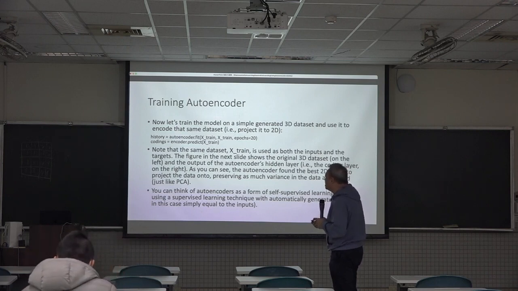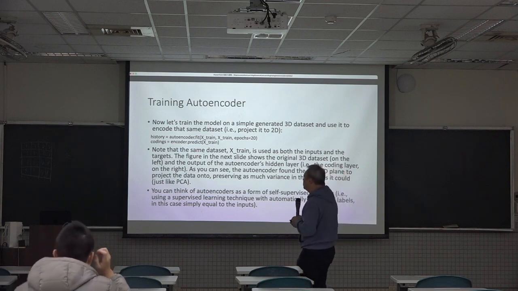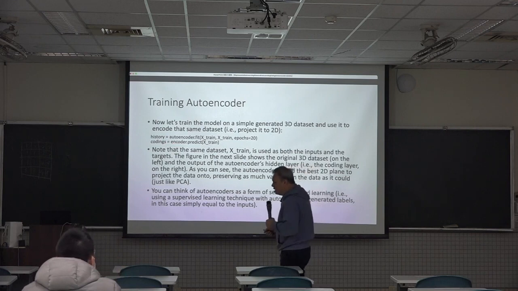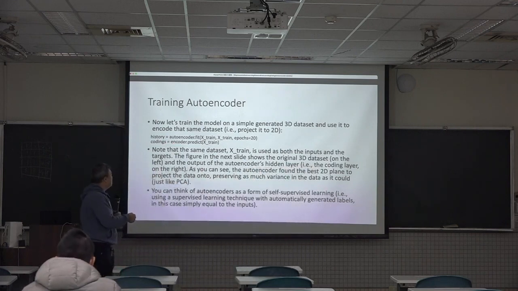So once we finish training, we can use the encoder, as I said, as a PCA. We feed in X-train, which is a 3-dimensional data set, and we use predict from the encoder to produce the codings. And these codings, obviously, are going to be 2-dimensional because there are only 2 neurons in the coding layer.